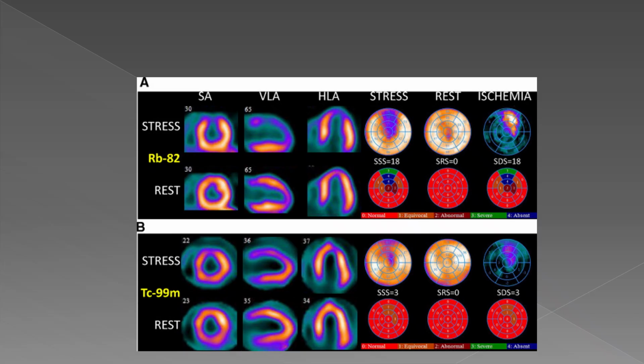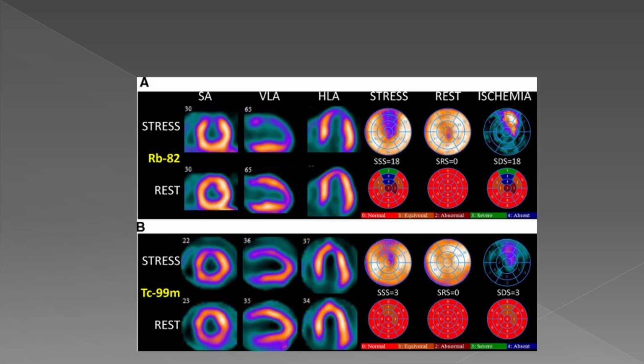And then this is a cardiac study. A lot more artifacts with technetium versus rubidium because breast and diaphragm attenuation are just awful for tech-based cardiac studies when you're doing SPECT.